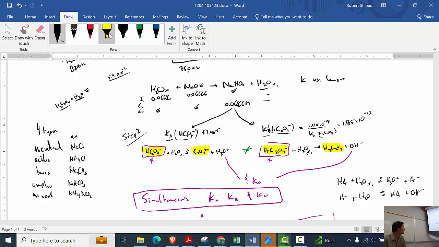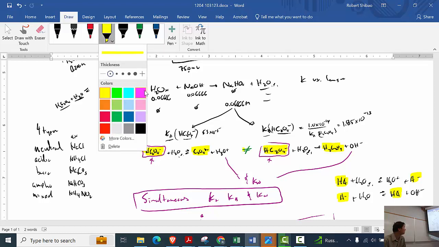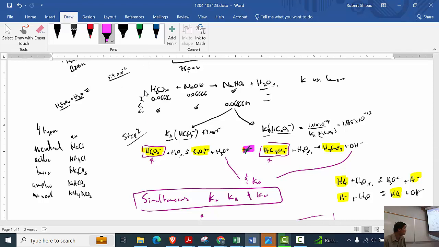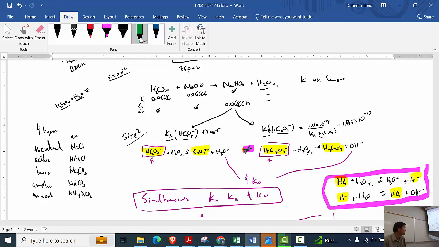And so when we look at these two equilibria, they're the same: HA and A minus and HA. However, when we look at these two equilibria, they're different. So for this one we could use the Henderson-Hasselbalch, HH, because these are equivalent equilibria just described in terms of pH versus pOH.